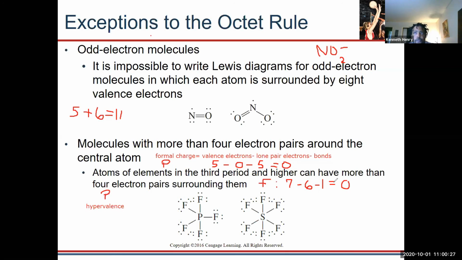So that's using formal charges. On your homework assignment, if it says minimize formal charges, that means you want to try to get it as close to 0 as you can possibly get it. And that means that you're probably breaking the octet rule. Okay? So let's do the sulfur here.